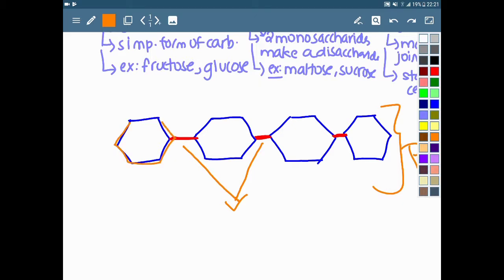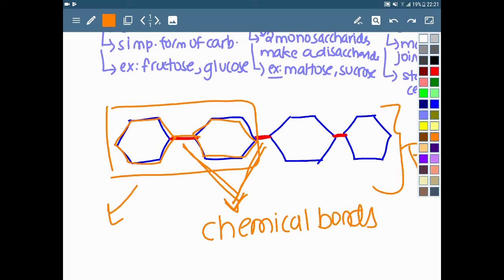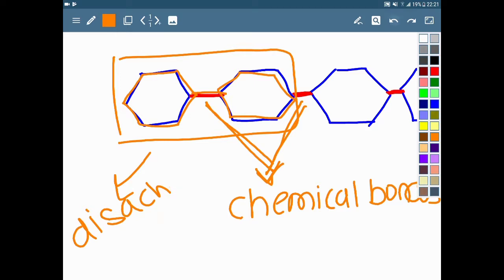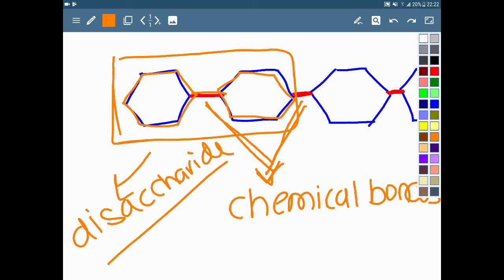This one individual one is called a monosaccharide. Now, if there were two monosaccharides connected by chemical bonds, it would be called a disaccharide.